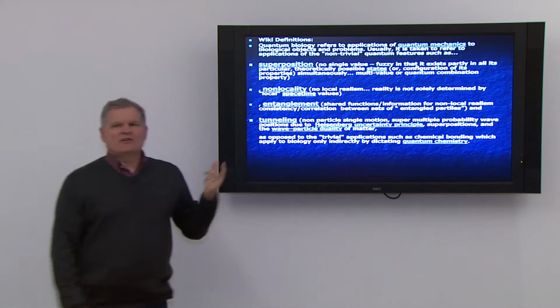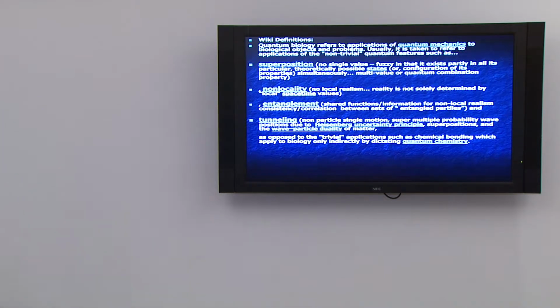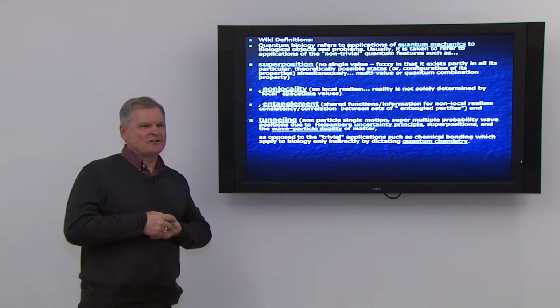Non-locality is this really weird aspect of quantum systems that Albert Einstein objected to. He called it a spooky action at a distance.